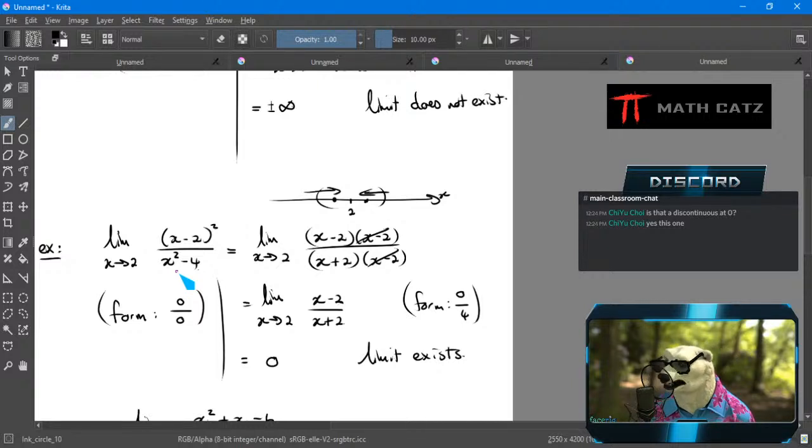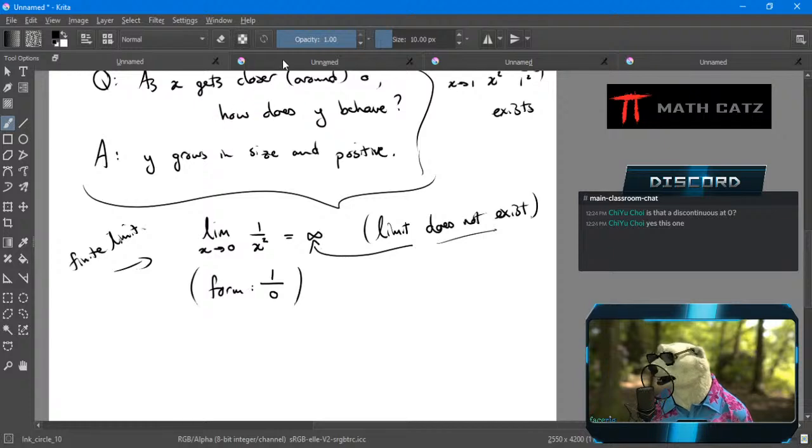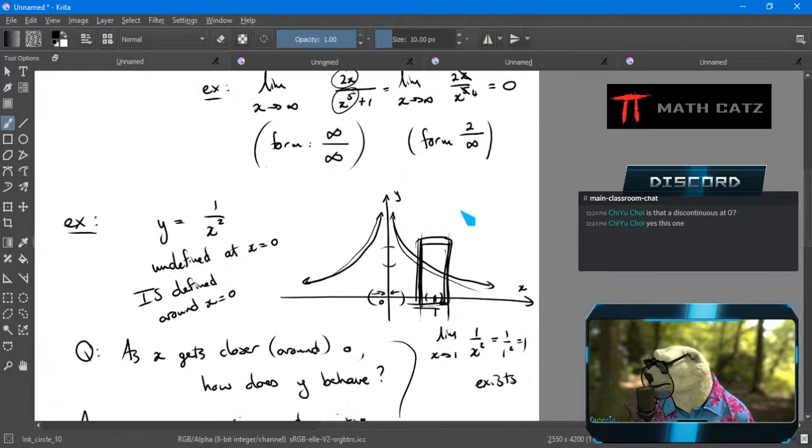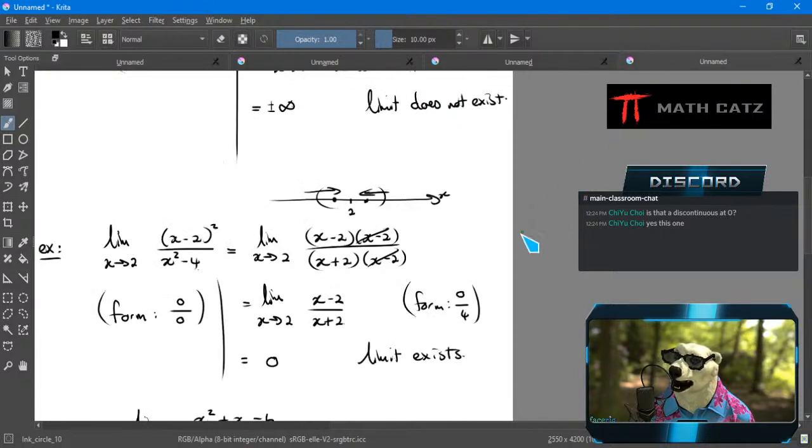But the limit existing actually tells me that the discontinuity was just a little hole. It wasn't a major, fundamental one. This discontinuity is a fundamental property of the graph blowing up as I get close to it. A hole, yes, technically it's a discontinuity. I don't really care as much about it as I do that blowing up one, but it's technically still there.